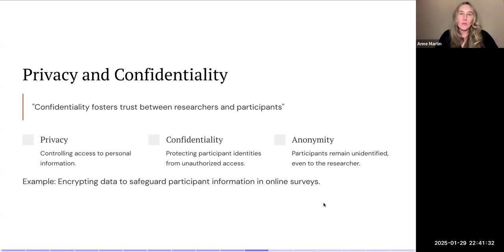So if I had IRB approval and if I got your informed consent and you agreed to participate and I interviewed you, I would know your identity. However, I would keep your identity confidential. So when I published the study, I would use a pseudonym instead of actual names. And I would also make sure to blind the data so that there was no identifiable information.